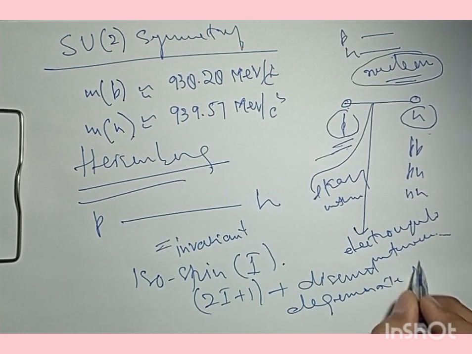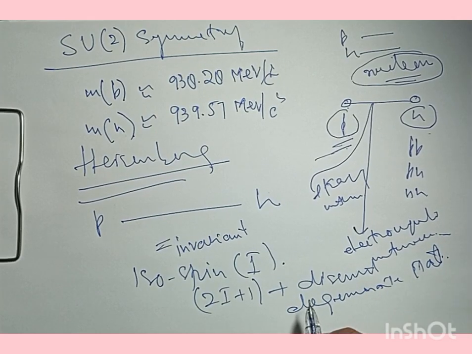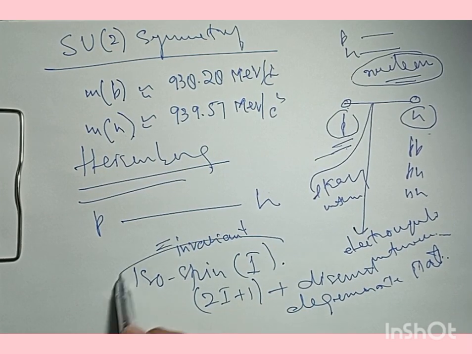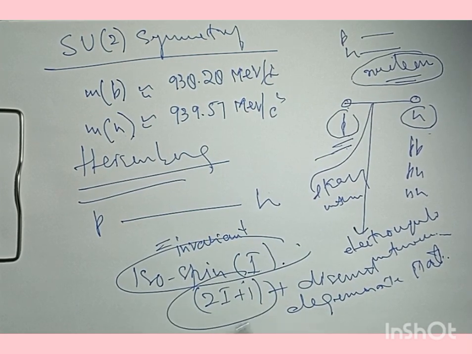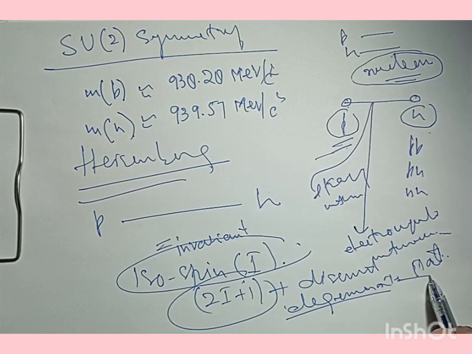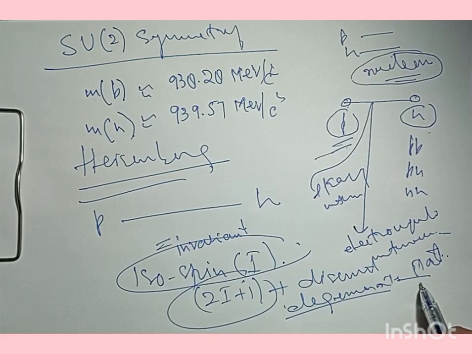So this isospin has 2I plus 1 degenerate states, and this degeneracy we call multiplicity here.